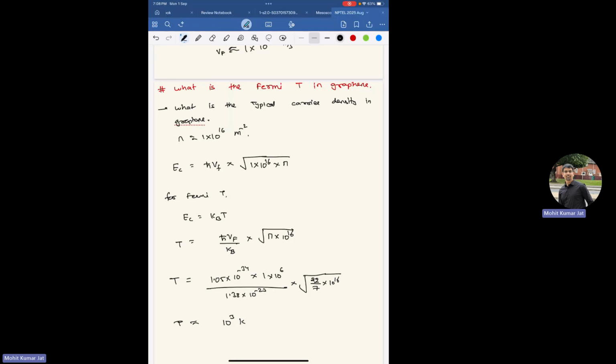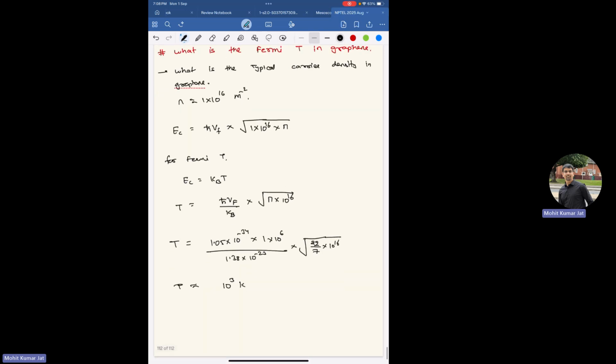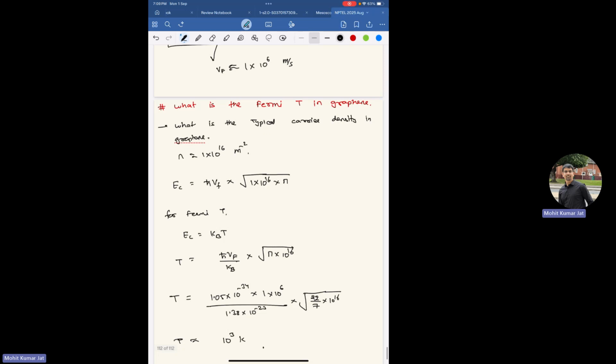So EF, what I'm calling EC, will be 0.12 eV, that is 120 meV, and the corresponding temperature will be 10 power 3 Kelvin, 1000 Kelvin. So that's a typical Fermi temperature in the case of graphene.